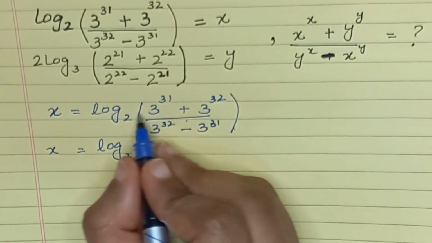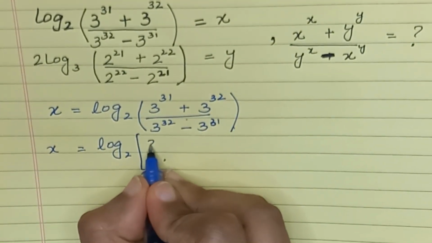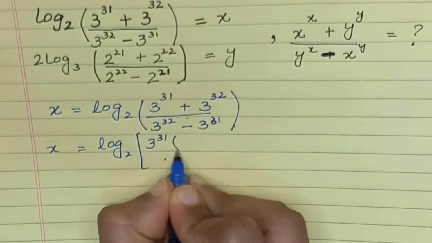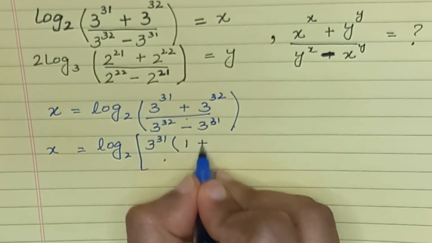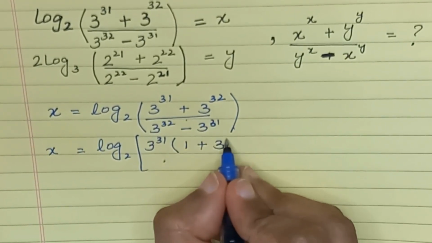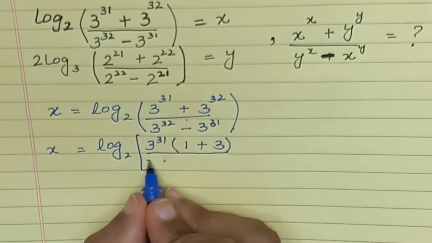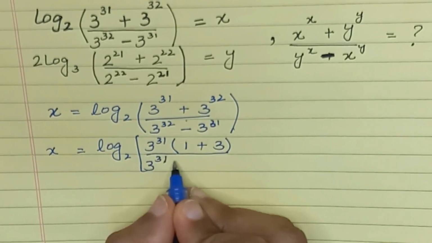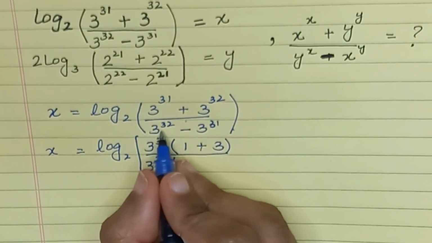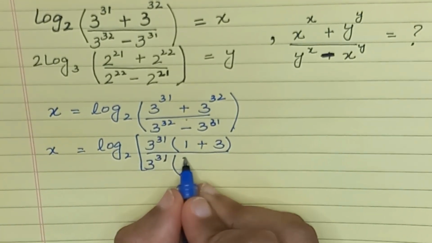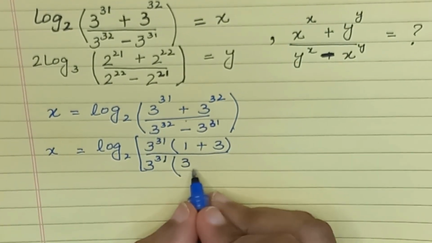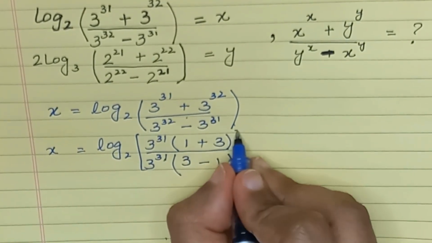From these two terms, 3^31 is common. So it will become 1 plus 3 raised to the power 1, means 3. Similarly, in the denominator we have 3^31 common, so it will become 3 raised to the power 1 left, so 3 minus 1.